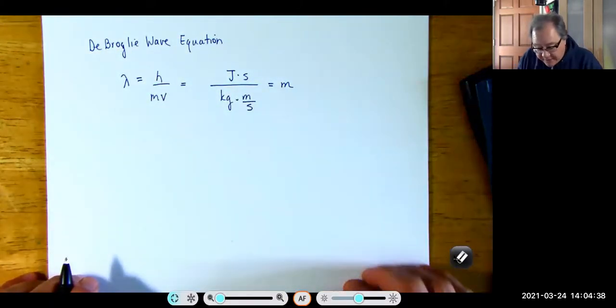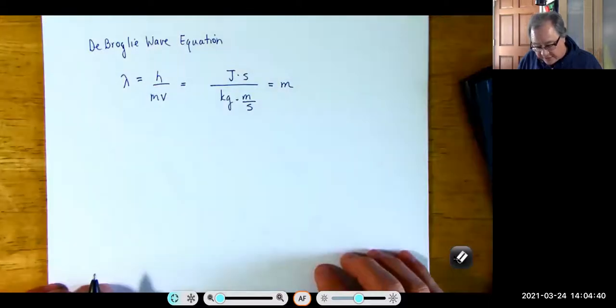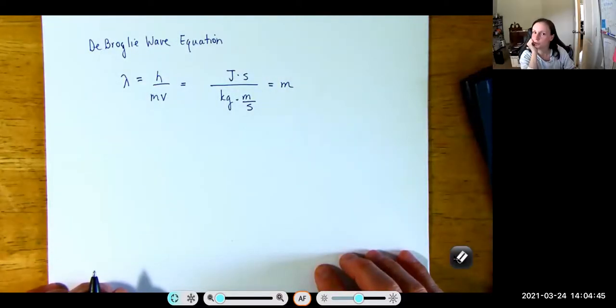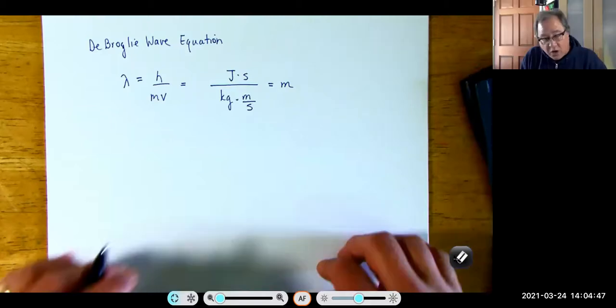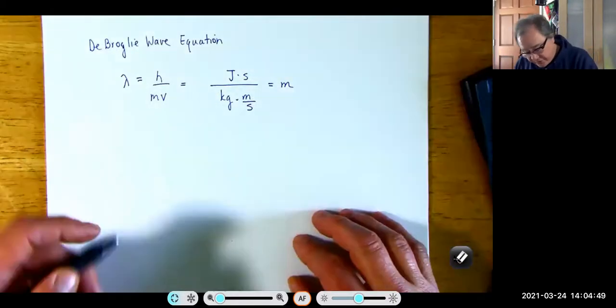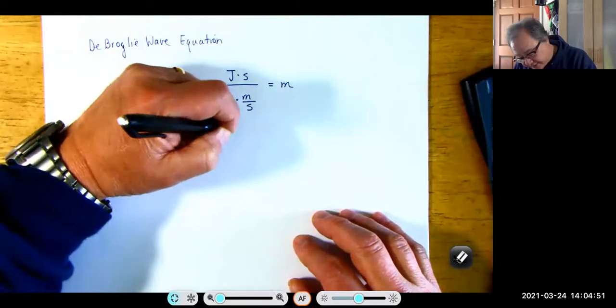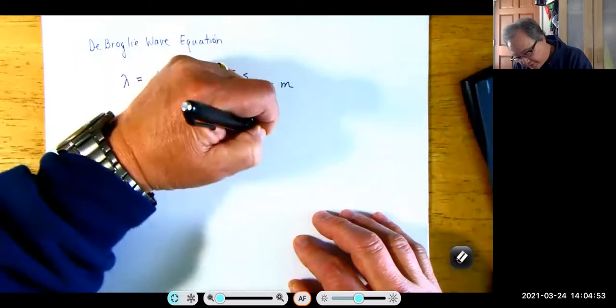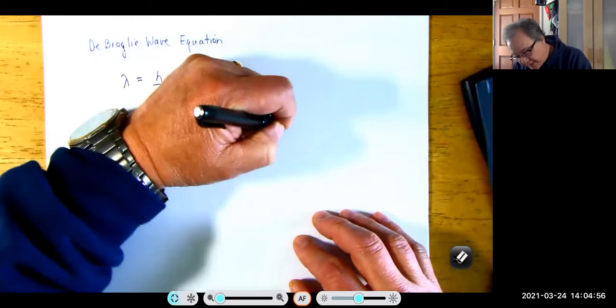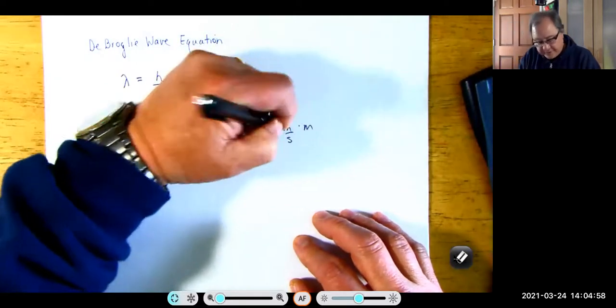So how are we going to get joule on one side and everything else on the other side? I would cross multiply first. So I would have joule seconds is equal to kilograms meters per second times meters.